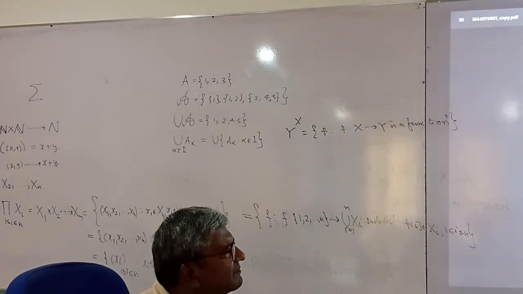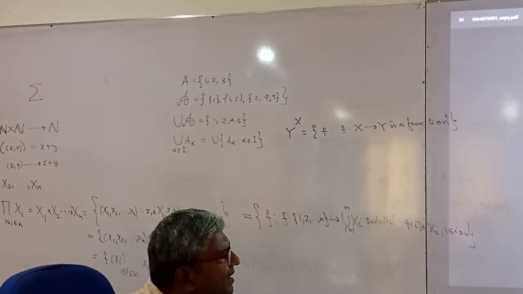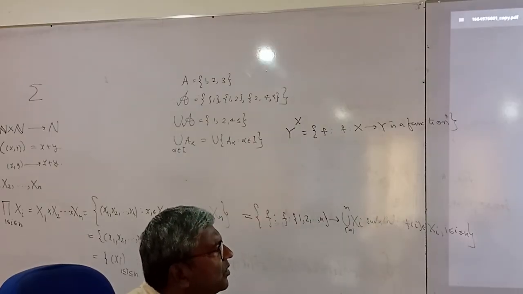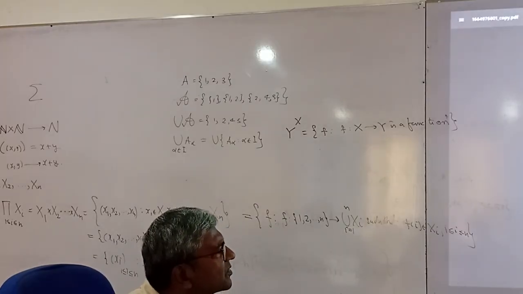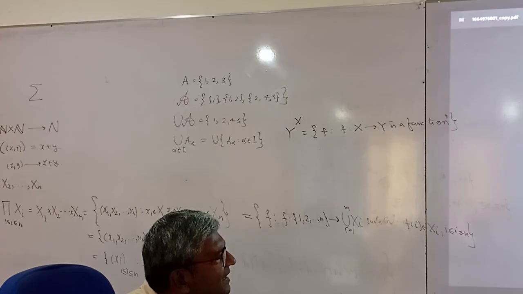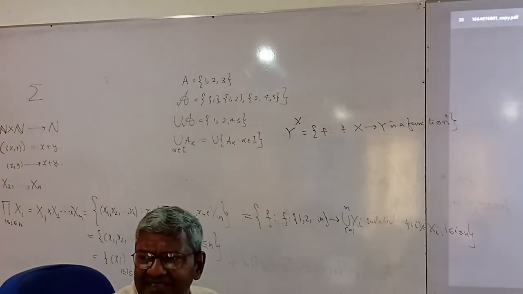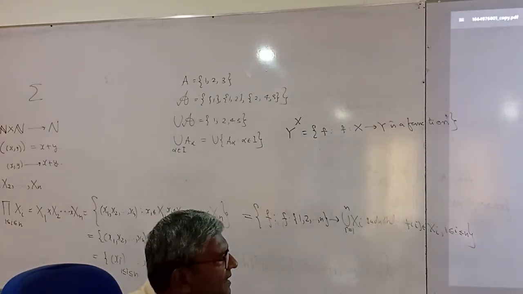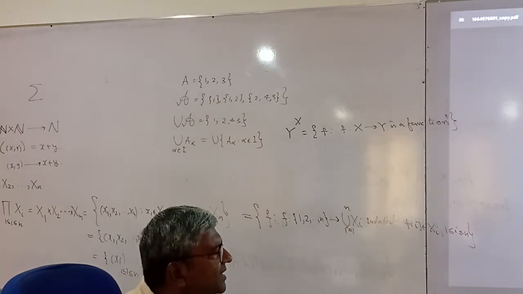Example, this is again clear. If you have A1, B1, A2, B2, A3, B3 objects, and let X1 equal the ordered pair set (A1, B1), X2 is the pair set (A2, B2), and X3 is (A3, B3). Then we have X1 cross X2 cross X3. You can understand, no? That's correct. Then the second one, X1 cross X2, then cross X3.